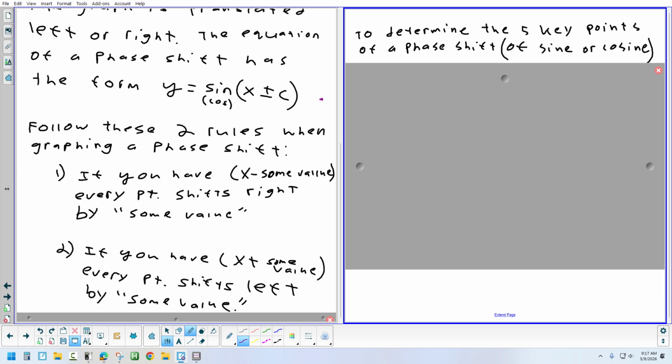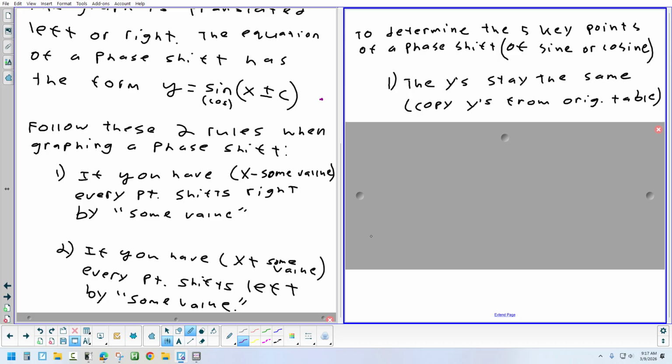All right, so the last thing we have to do before we can graph it is we have to figure out what column in our table is going to change and which one stays the same. When you move left or right, what part of a coordinate does that affect? The x. It affects the x. So the y's are not going to change.